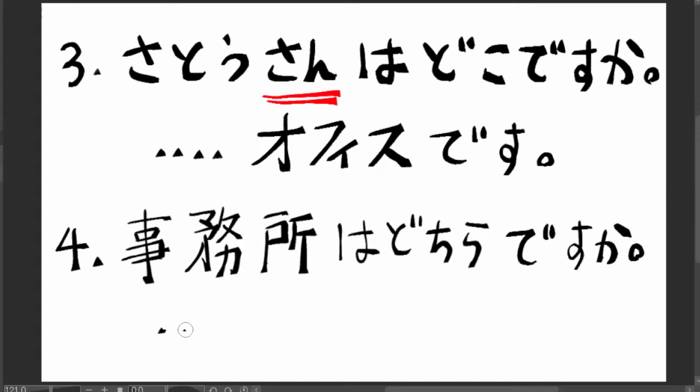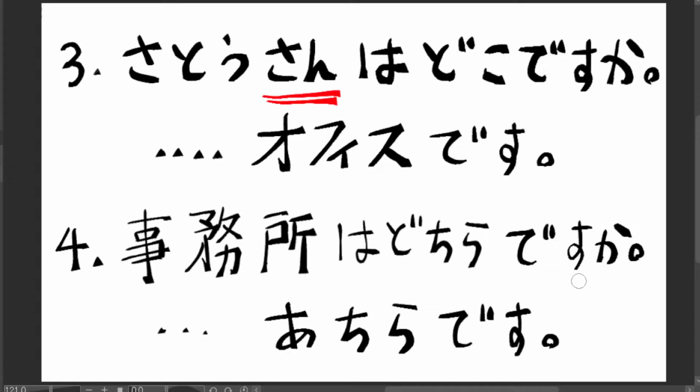And the answer is あちらです。 Now we have two more words that describe a place. We had ここ、そこ、あそこ、どこ, and now we have どちら and あちら. Dochira and achira. 事務所 is the office.